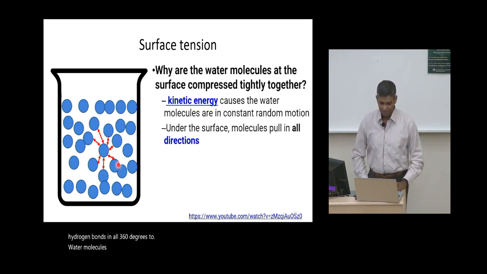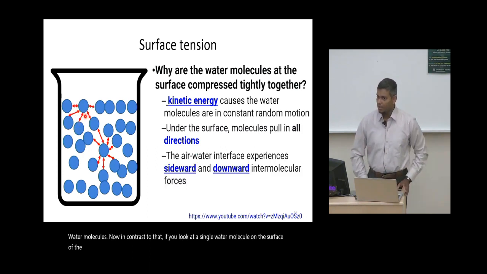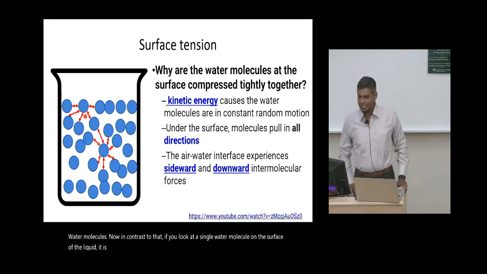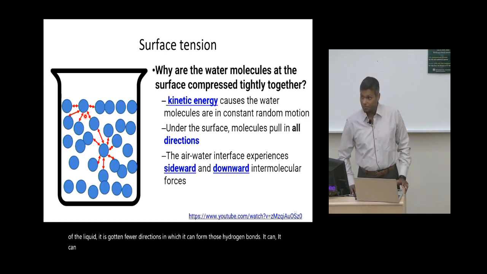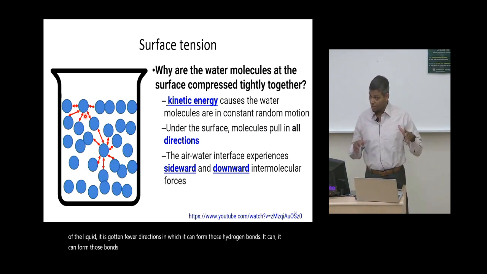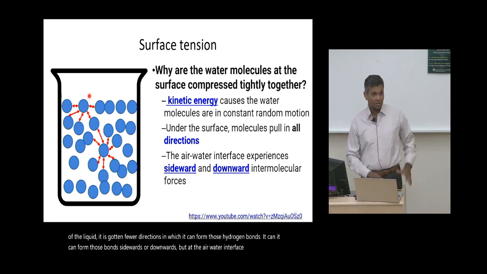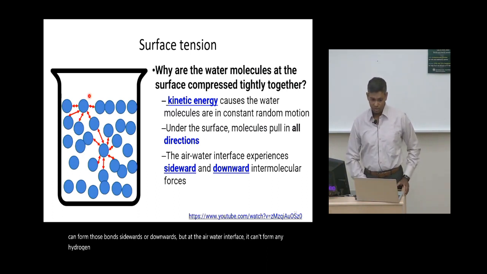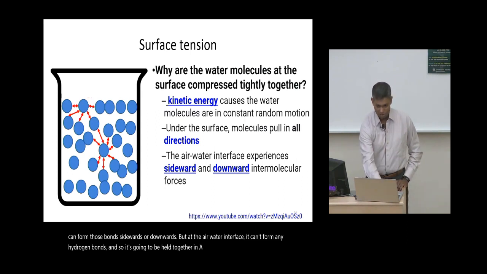In contrast, a single water molecule on the surface of a liquid has fewer directions in which it can form those hydrogen bonds. It can form those bonds sidewards or downwards, but at the air-water interface, it can't form any hydrogen bonds.